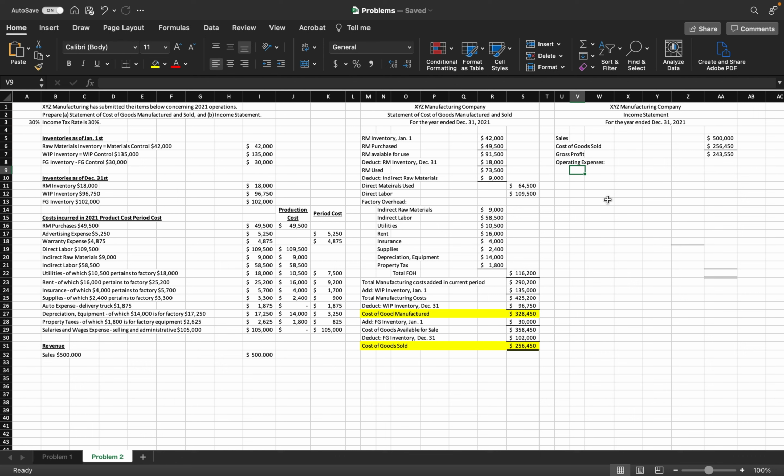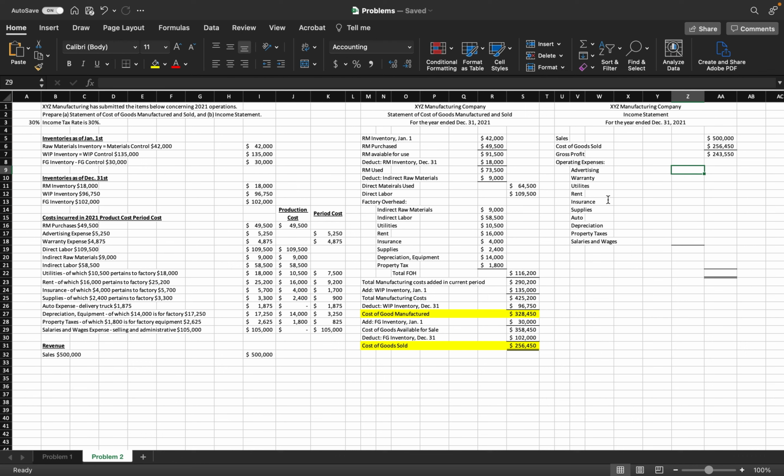So looking over there, we can see that we have advertising, warranties, utilities, rent, insurance, supplies, some auto expenses, depreciation, property taxes, and then we had salaries and wages.